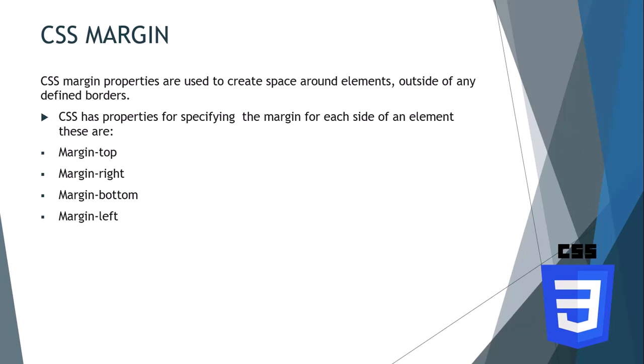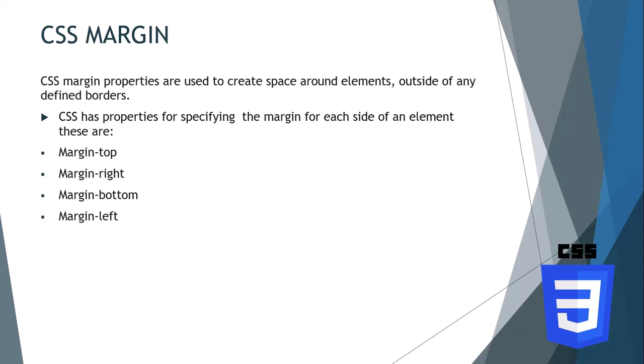Now, all margin properties can have some values. The first is the auto value, where the browser calculates the margin by itself. Then the length, where the developer specifies the margin in pixels, pt or cm.